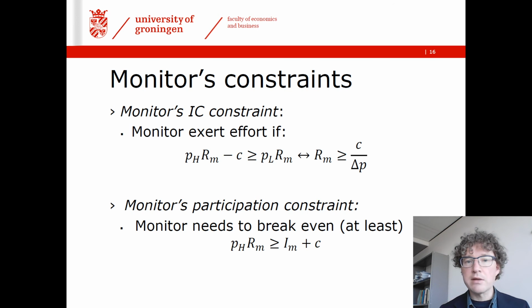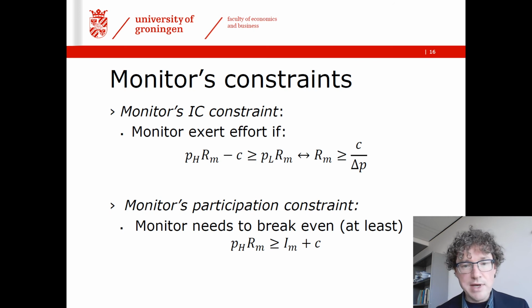Then we looked at the monitor's incentive compatibility constraint. The incentive compatibility constraint just makes sure that the monitor expends the effort, or the costs of gathering this information, cost C, and that means the share RM that they get out of the success of this project needs to be large enough.